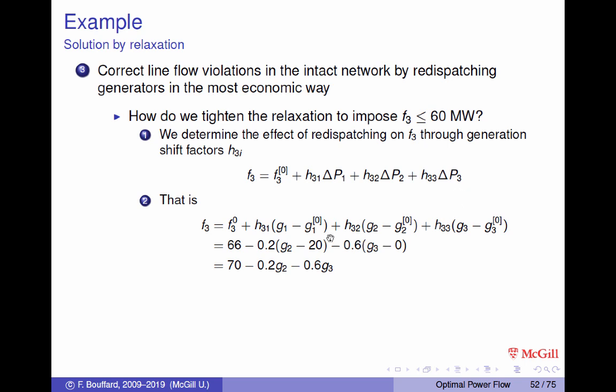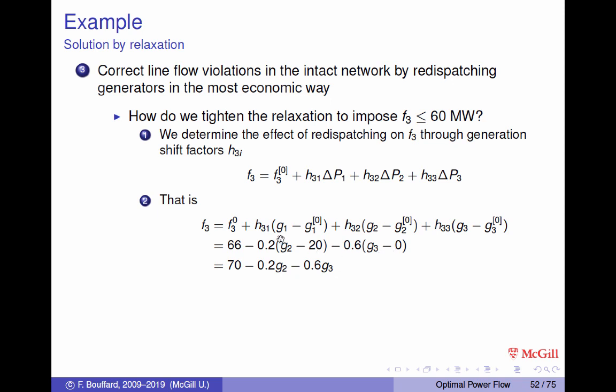So what do we have? H31 times the change in generation at 1, H32 times the change in generation at node 2, and H33 times the change of generation at node 3. So we have 66, which is the current value, minus 0.2 times G2 minus 20, minus 0.6 times G3 minus 0.